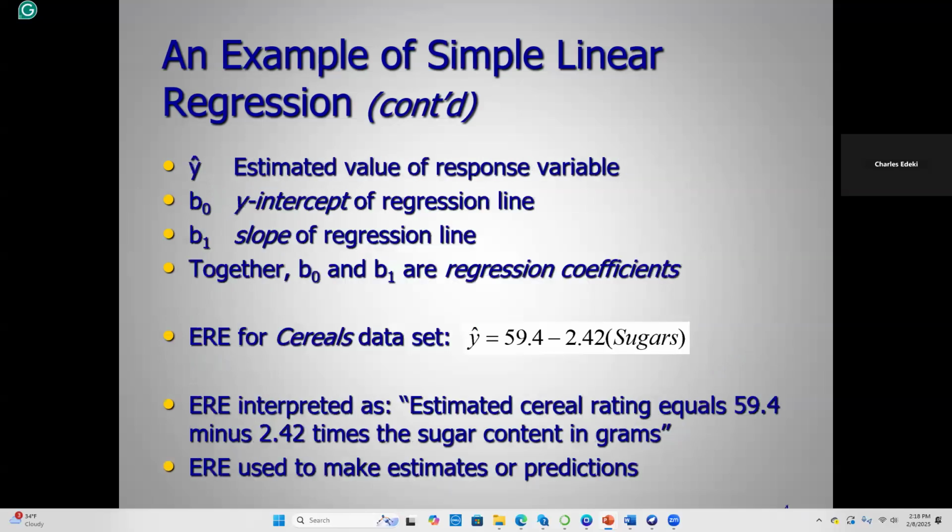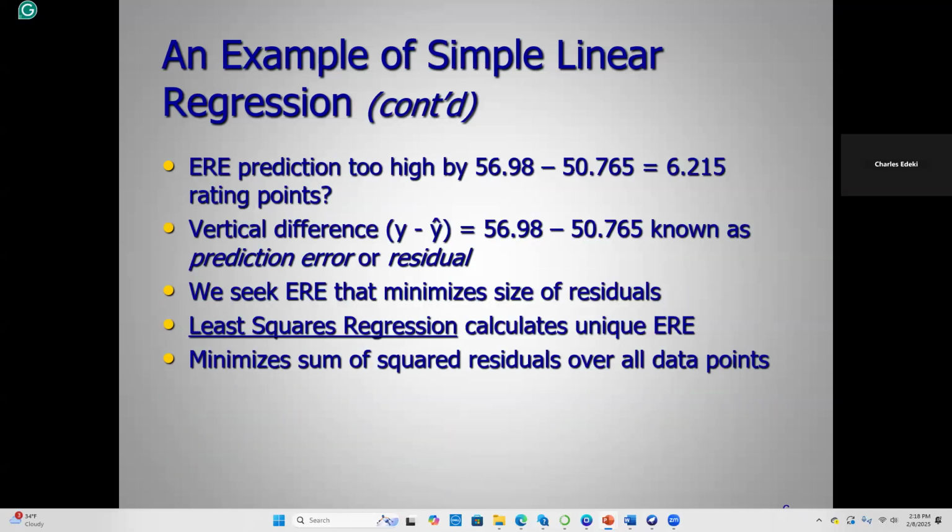So we have 56.98 minus 50.765, which gave us 6.215. We say that value, y minus y-hat, where y-hat is the predicted y, is always the prediction error or residual.